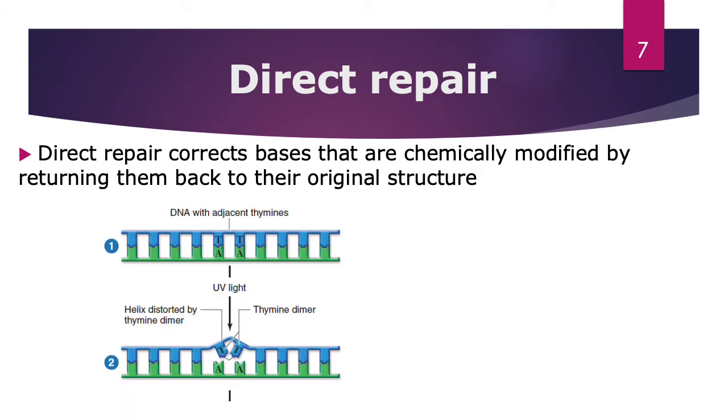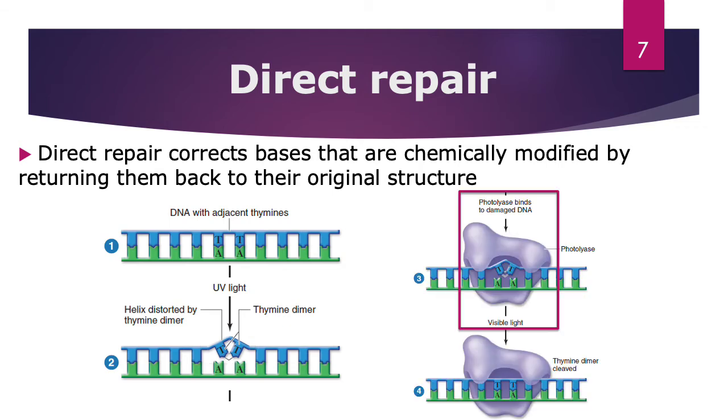Another example of direct repair is when thymine dimers are formed due to UV light. So in this figure, we can see that thymine dimers have been formed because of the exposure of DNA to the UV light, causing a distortion in the DNA structure.